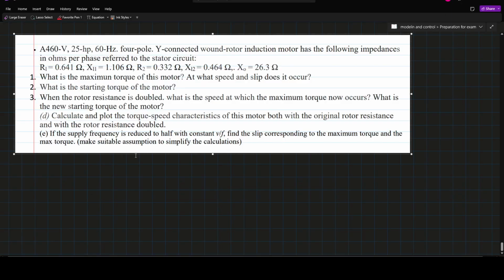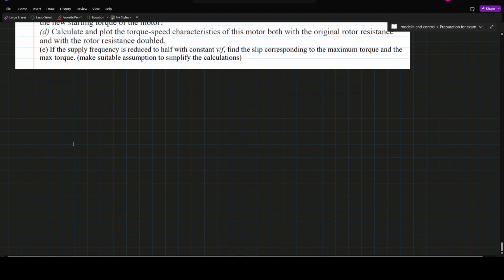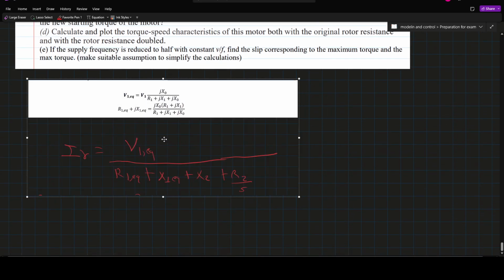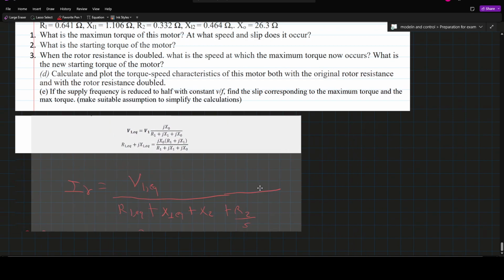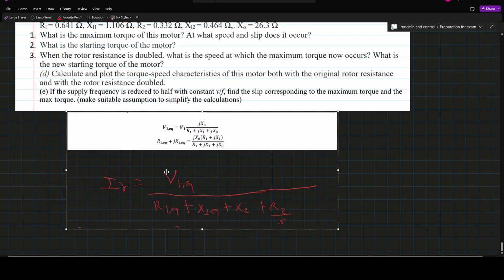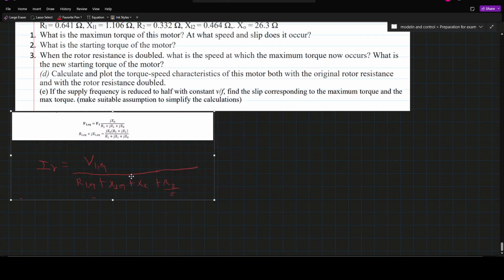Okay, now we have this exercise that is asking us for what is the maximum torque of this motor, our speed, and at what slip this occurs. So in the previous video, we figured out our maximum torque when we have our Thevenin equivalent. Here I have the snippet of the video where we calculate our V1 equivalent and R1 equivalent, and how to get R from the equivalent circuit.